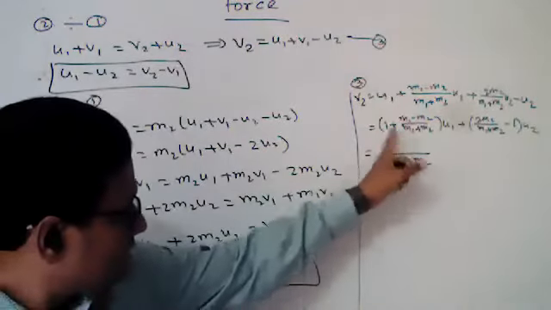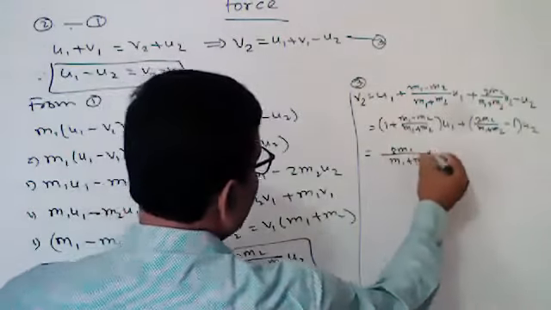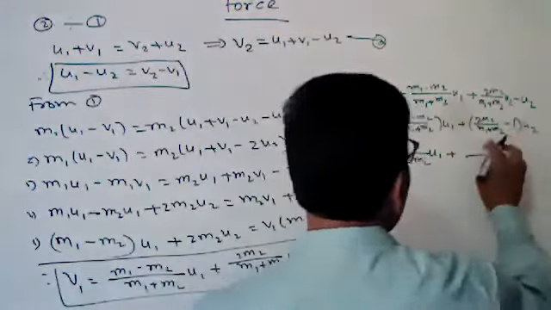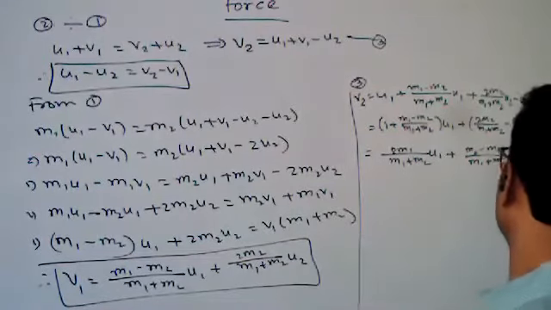m1 plus m2, m2 into 2m1 u1 plus 2m2 minus m1 minus m2. So it will be m2 minus m1 by m1 plus m2 into 2.